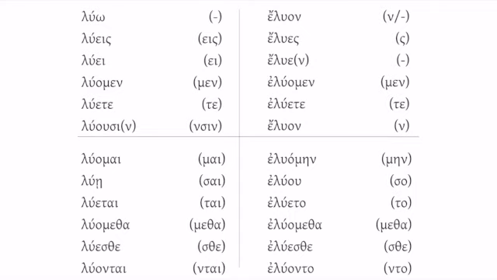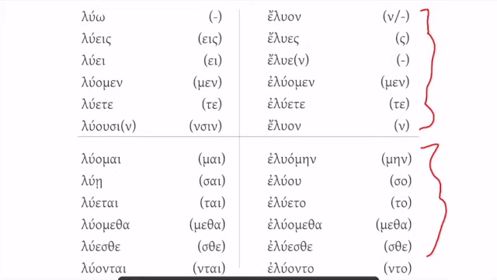Our aorist paradigm is really keyed off of our secondary endings, and in this quadrant it's on the right side. Here we have our imperfect active and imperfect middle passive forms. So eluon, elues, eluen, eluomen, eluete, eluon. And then the middle passive: eluomen, eluou, eluveto, eluometha, eluesthe, eluonto. These are our imperfect forms.